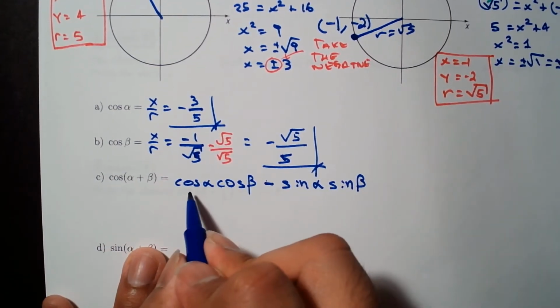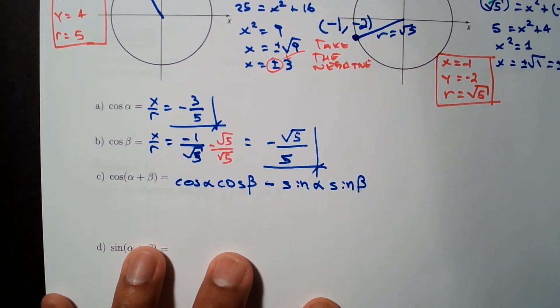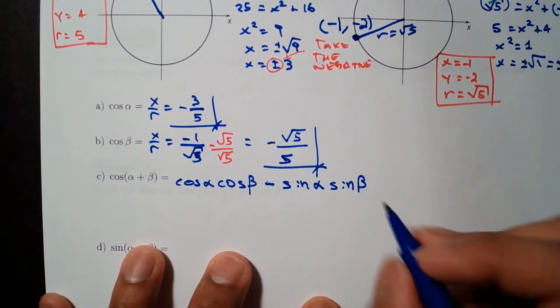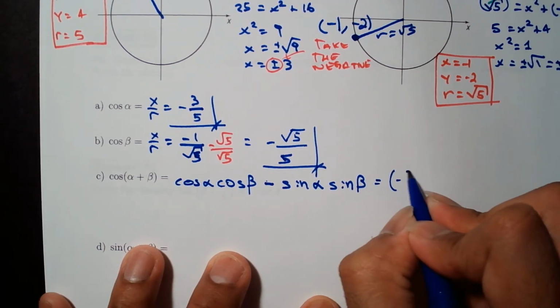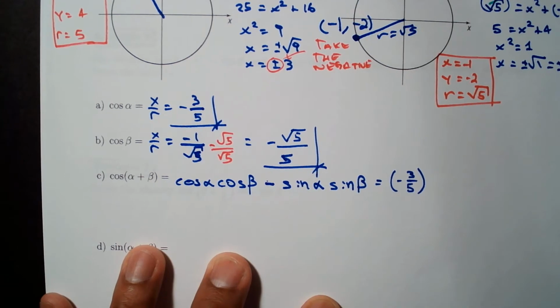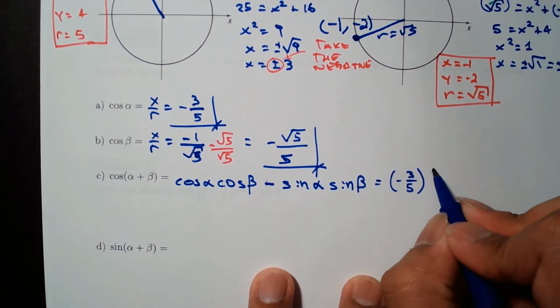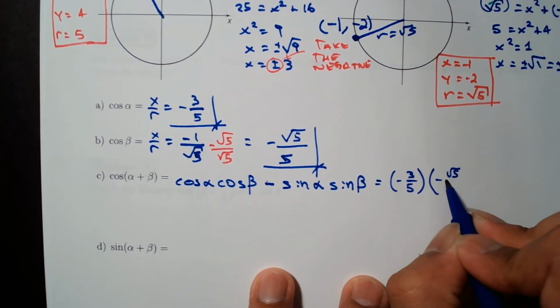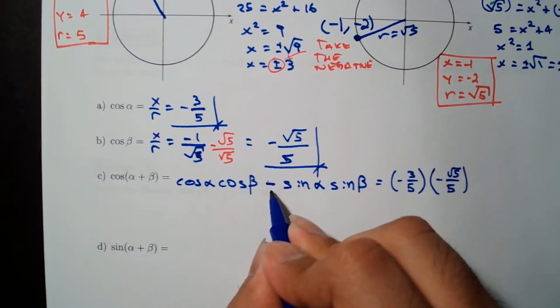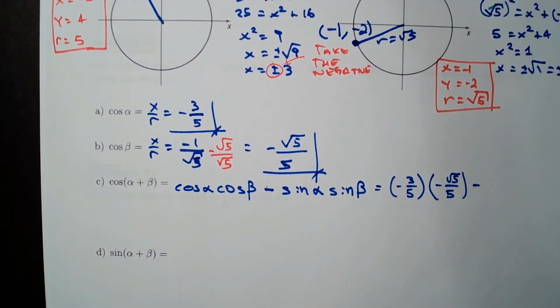That's negative 3/5. Cosine beta, that's from the previous step as well. That's negative root of 5 over 5. And then minus sine alpha, sine beta.